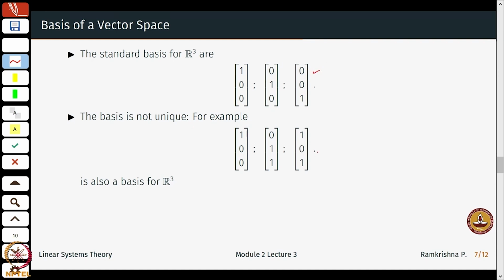For example, this is also a basis for R3, and in the same way there can be infinite bases. So I can have several other combinations which could give me an infinite number of bases, right. So this basis is not unique. This is what we should remember.